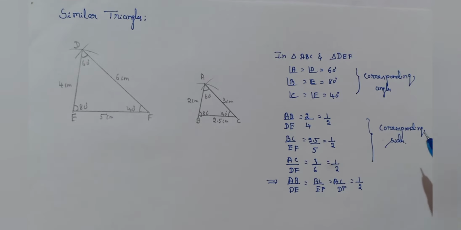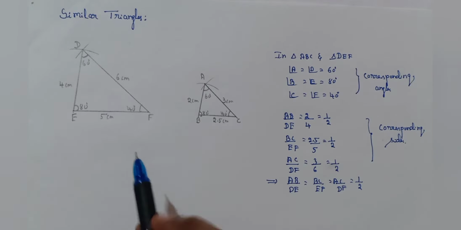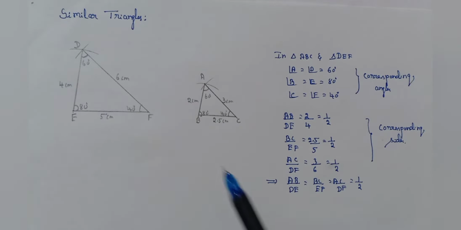So, if the corresponding angles of the two triangles are equal and the corresponding sides are proportional, or the ratios of the corresponding sides are the same, then the two triangles are called similar triangles. So, triangles ABC and DEF are similar triangles.